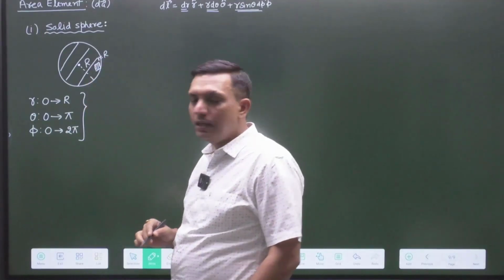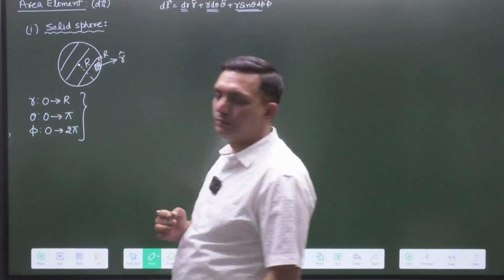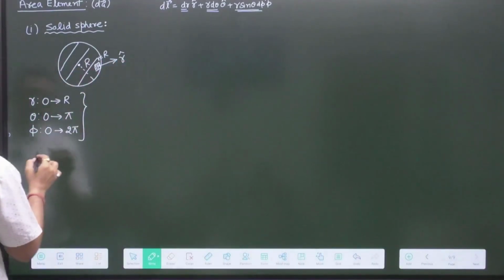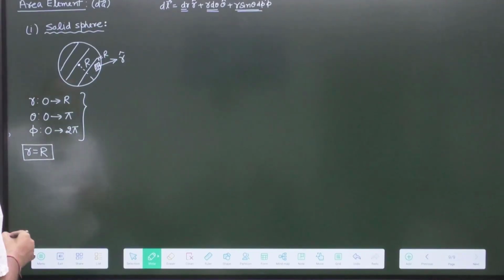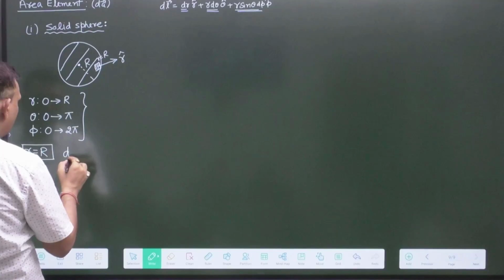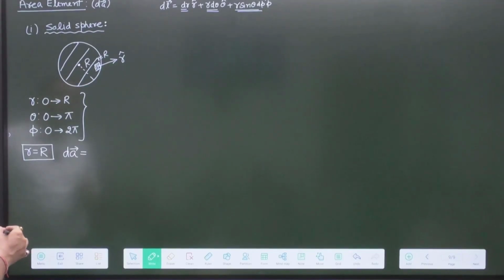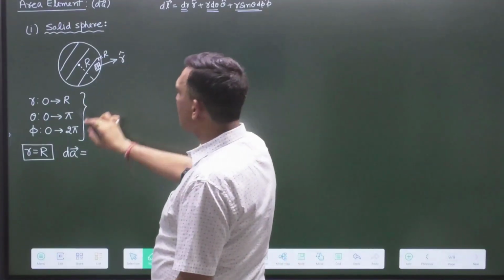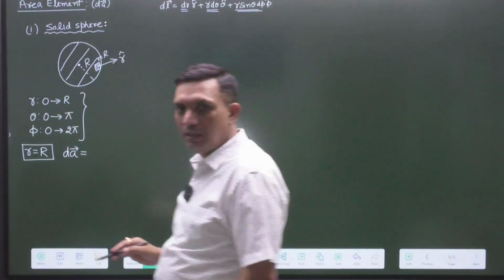And what will be direction? Away from the surface. And in spherical symmetry, this direction is r cap. So you are on the surface of a sphere. So what will be dA at r equal to capital R? When r is fixed, variable is theta and phi here. So you have to multiply these two sides in area element.